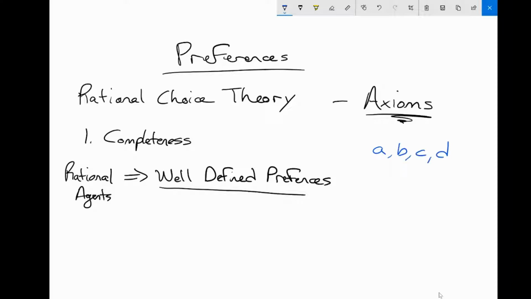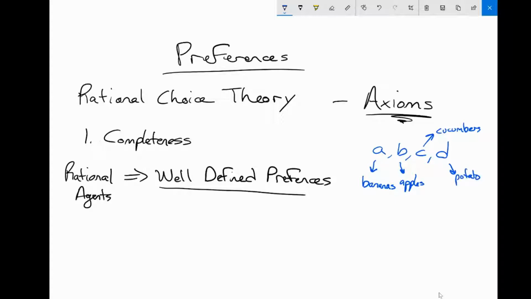Each one of these letters stands for some good or some decision. Let's just make a trivial example. Let's say that A represents bananas, B represents apples, C represents cucumbers, and D represents potato chips.